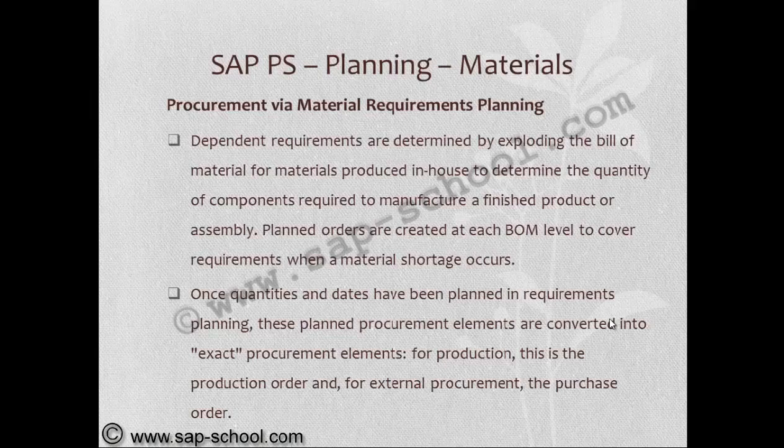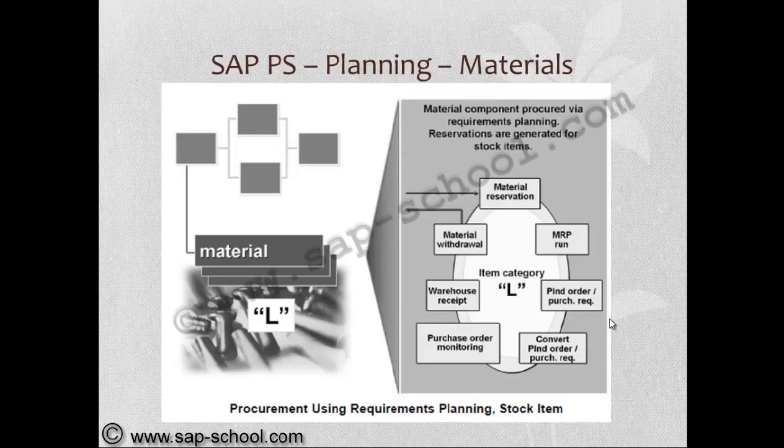So this process is called MRP, Materials Requirement Planning. So in case of a stockable item, what we have learnt is that initially the material reservation will be raised, and the MRP run will happen.